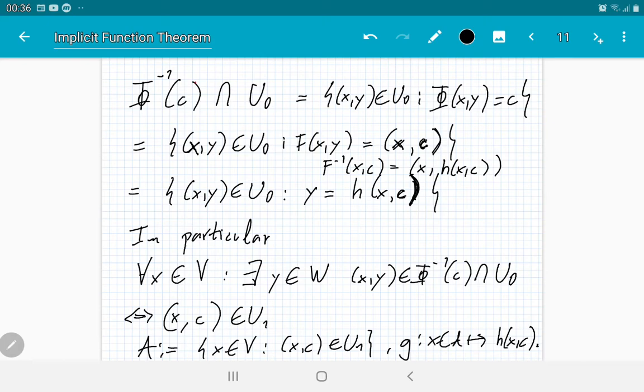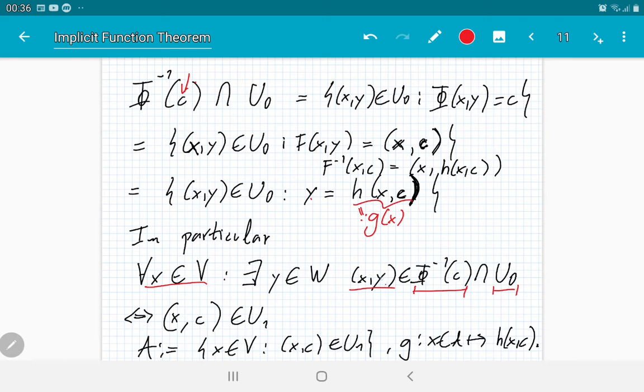Now I'm almost done, because I'm saying that, okay, fix c, y is a certain function of x, and this function is what I'm going to call g of x. I just need to be a little bit careful and check: if I take a point x in V, if there exists a y in W such that x, y belongs to this set, phi minus 1 of c intersection u0, what does that mean?